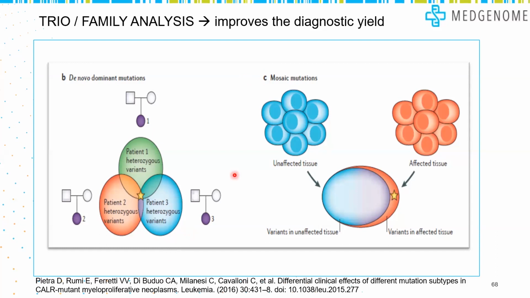Similarly, we can also apply the same principle to multiple tissue testing. This holds good for overgrowth syndromes and neurocutaneous disorders, where we have a mosaic pattern of inheritance and we cannot have a single gene. So the affected and unaffected tissues can have different variants, which will help us confirm the gene or variant of interest.